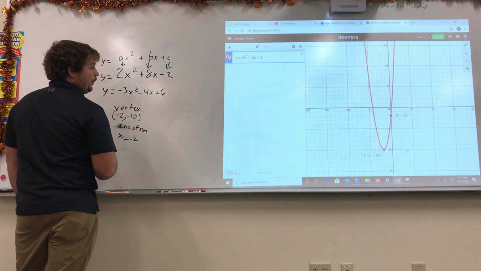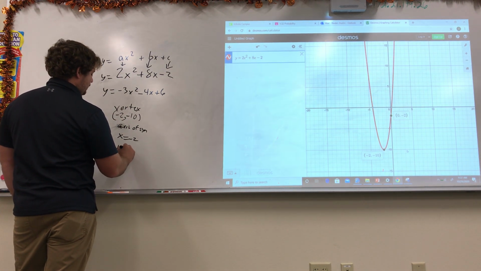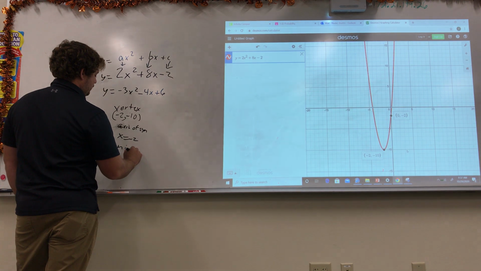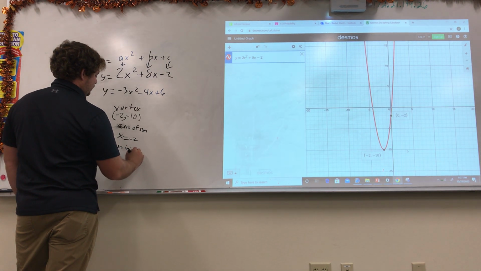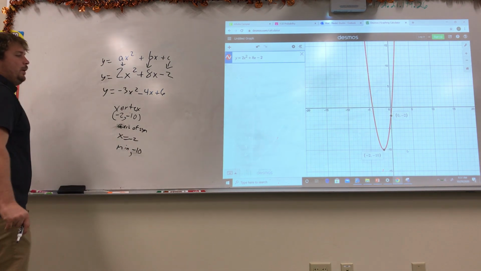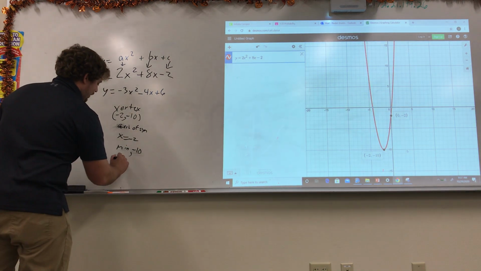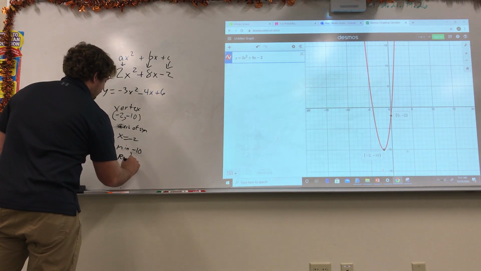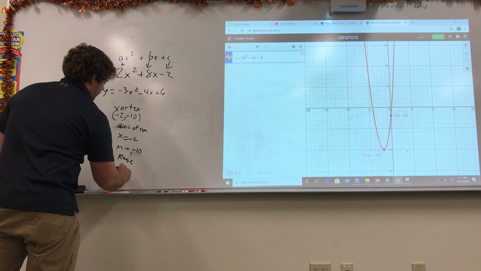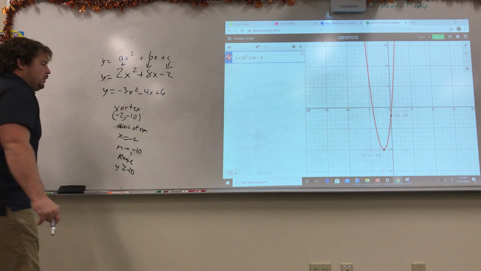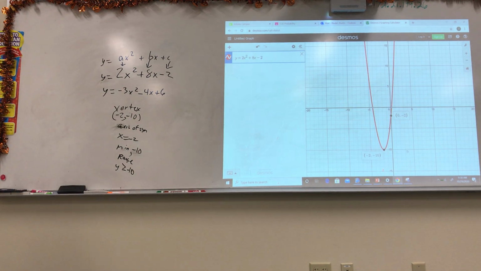Is there going to be a minimum or a maximum? It should be a minimum. I'm going to go min, and it's going to be at -10. Now my range is y is greater than or equal to -10. So there's all my answers to that one.